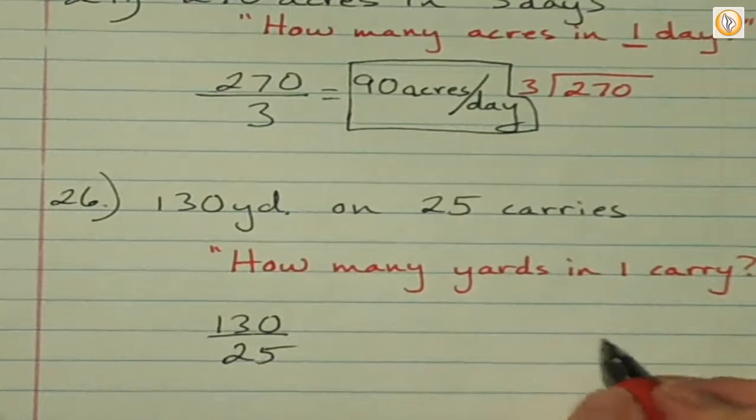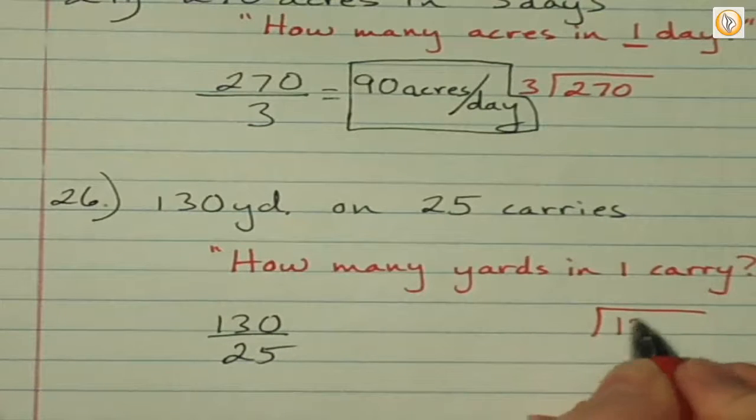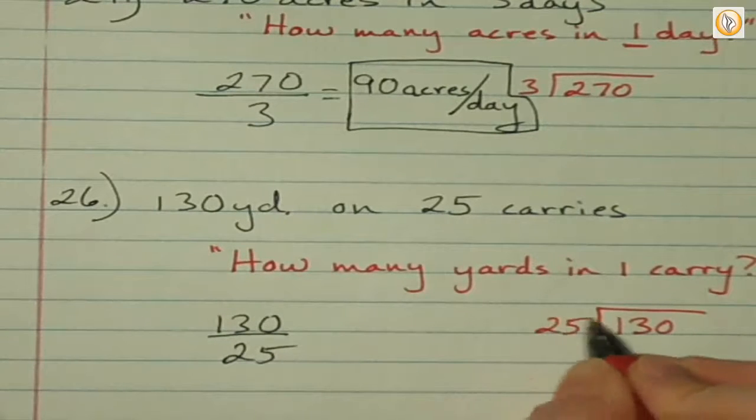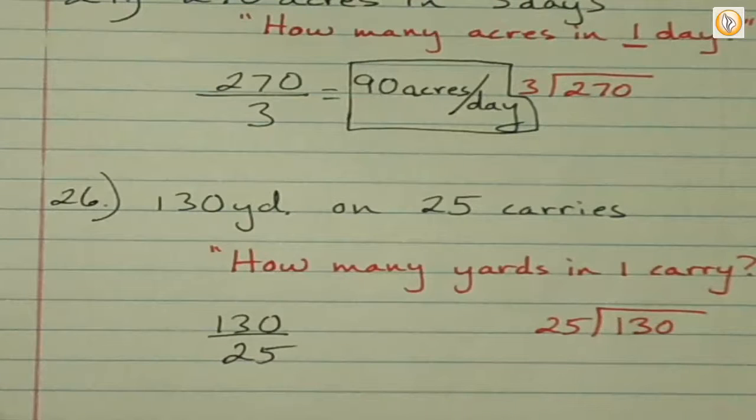And you're going to do the math and you're going to tell me what you get. I'll give you a hint. You will probably have to put a decimal and add a 0.